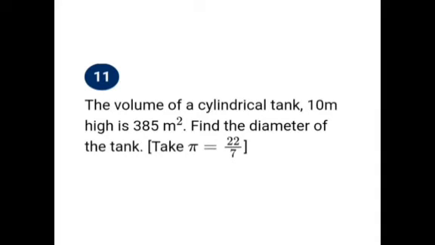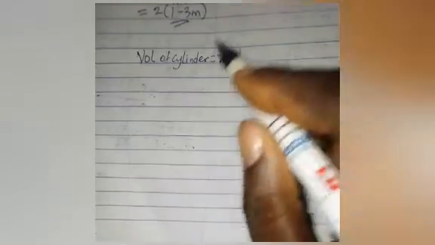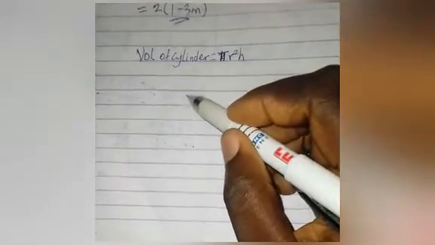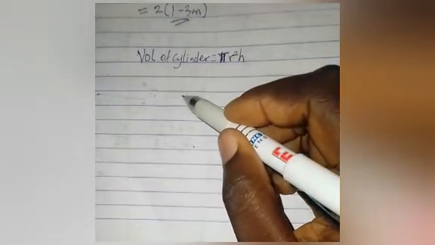Number 11. The volume of a cylindrical tank 10 meters high is 385 meters cubed. Find the diameter of the tank. Take pi equal to 22 over 7. The volume of a cylinder is pi r squared h.